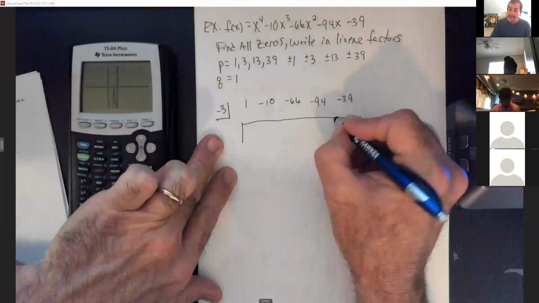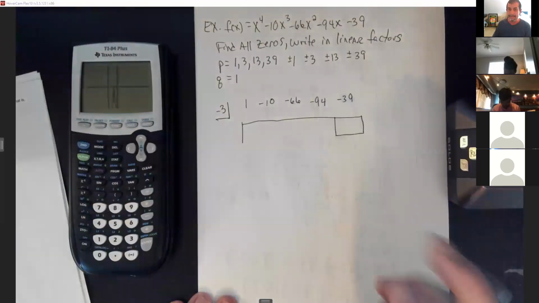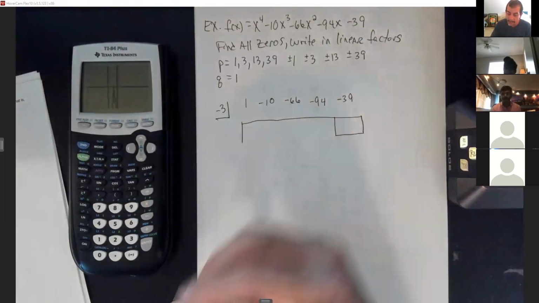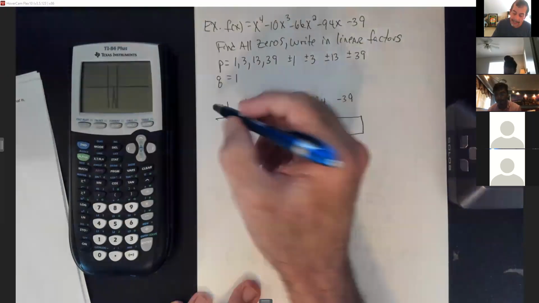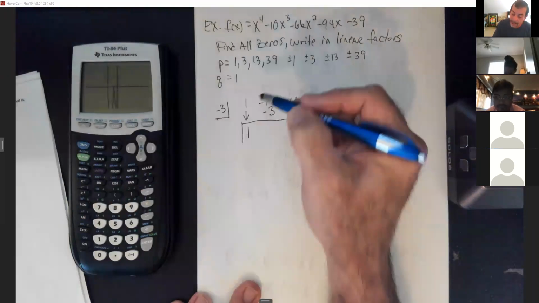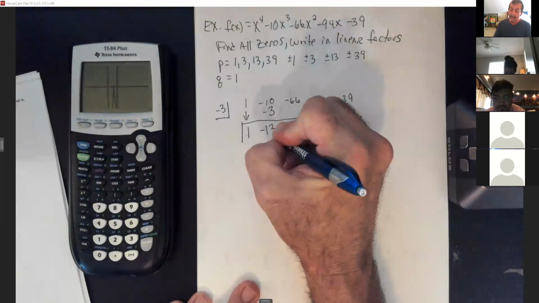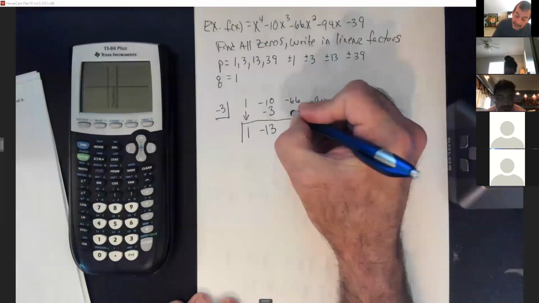And remember, if I'm right, my remainder will be 0 on this, okay? All right, y'all, so here we go. We're going to bring our first number down, 1. 1 times -3 is -3. -10 plus a -3 was a -13. Negative 13 times negative 3 is 39.